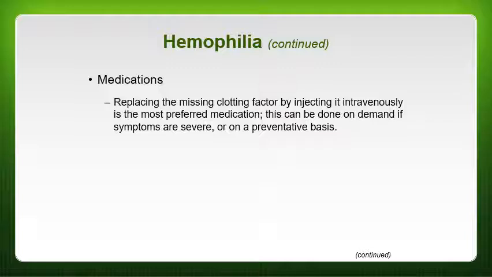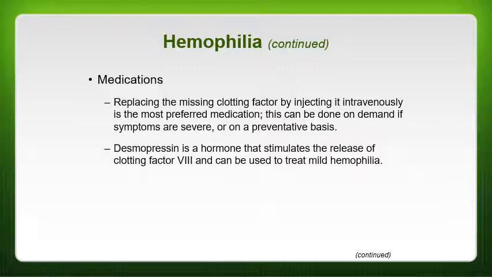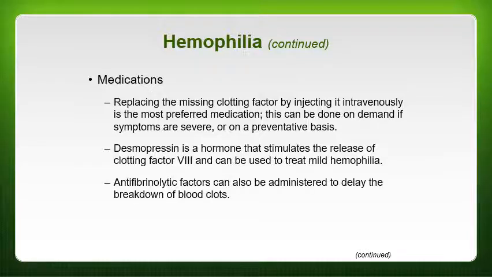You may hear the term prophylaxis; that's a preventative basis. So someone may get a prophylactic treatment to prevent issues related to the missing clotting factor. Another thing very commonly used is desmopressin. That's a hormone that releases clotting factor 8, and it could also be used to treat even mild hemophilia.